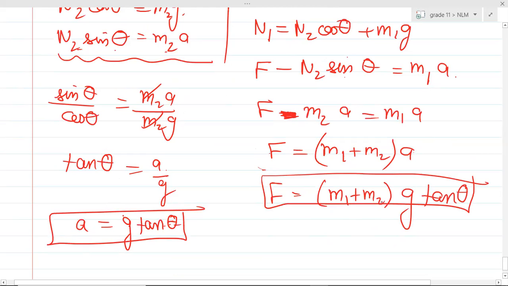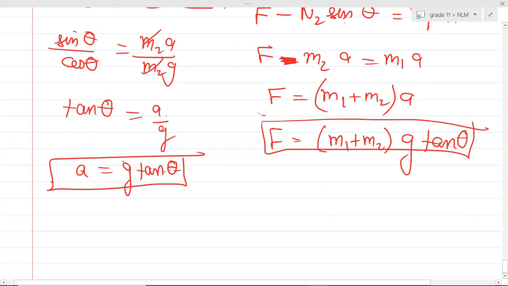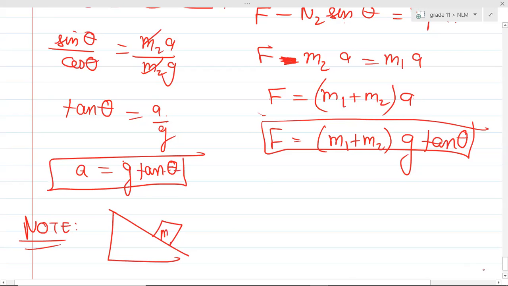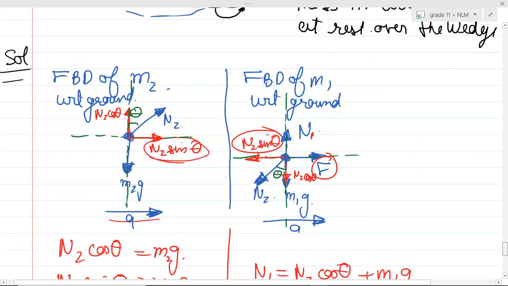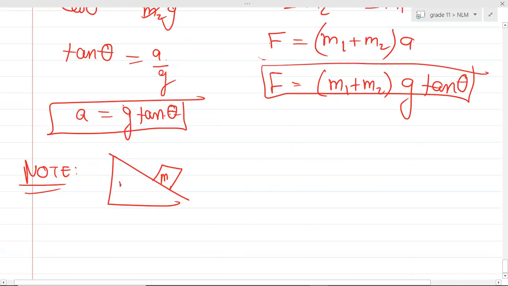Okay. Yes, guys. Always remember this thing, note it down. This is a standard result which can be used in any different problem. Always remember, if there is a wedge and there is a block, every surface is smooth, the mass of this is M1 and mass of this is this. Whatever be the masses, I don't care.